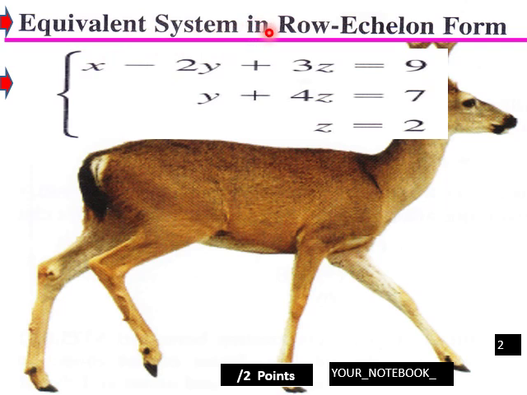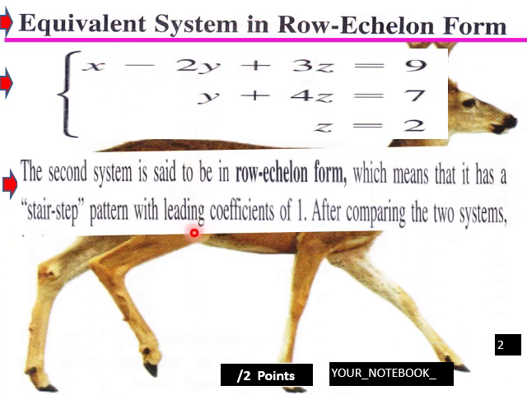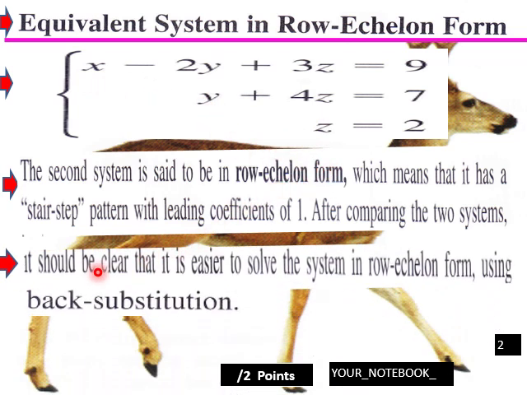The second system is said to be in row echelon form, which means that it has a stair-step pattern with leading coefficients of 1, 1, and 1. After comparing the two systems, it should be clear that it is easier to solve the system in row echelon form using back substitution.